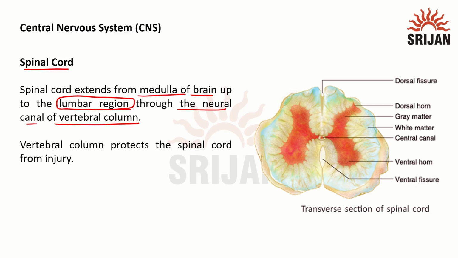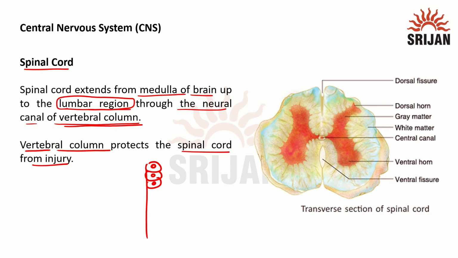Neural canal of the vertebral column means the backbone has a bony structure, and within this bony structure we have a small hole through which our spinal cord runs from the medulla part to the lumbar region. The backbone, also known as the vertebral column, protects the spinal cord from injury. Just like the brain is protected by the cranium or skull, the spinal cord is protected by the backbone.